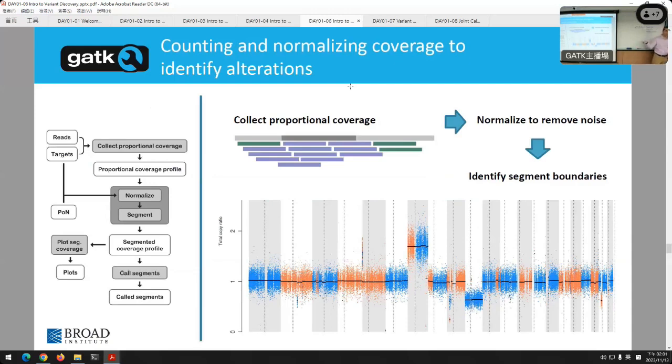So when we talk about both cancer and germline CNV calling, it's very difficult because there's a lot of inconsistency across the depths, the amount of sequencing you see in any one exon, even within a gene. Okay, and some of the events are big and some are small, and some of them are germline. It's very hard to tell what is signal and what is just this exon doesn't capture well.